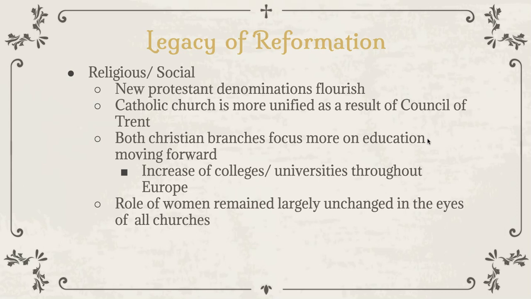Instead of being a conglomerate, we now have a much more unified message on what the Catholic religion looks like. Both the Catholic side and the Protestant side in Europe are much more focused on education as well, with an increase in colleges and universities tied into these different religious groups, which also increases the opportunities for further education throughout Europe.